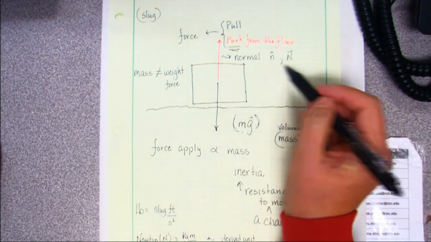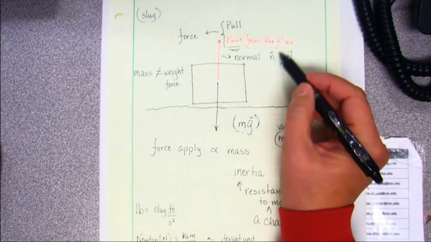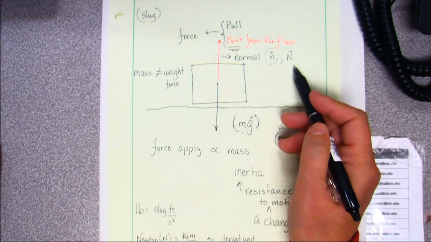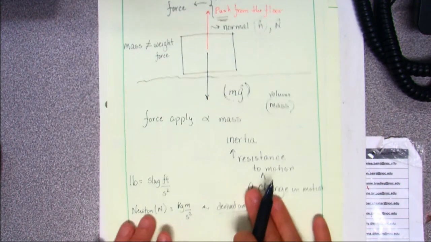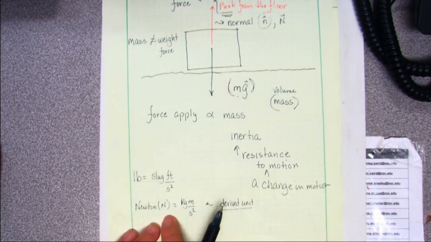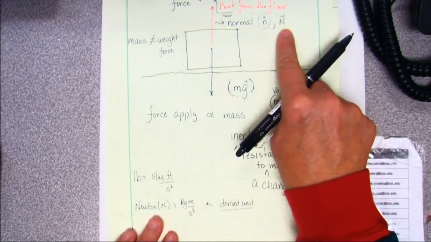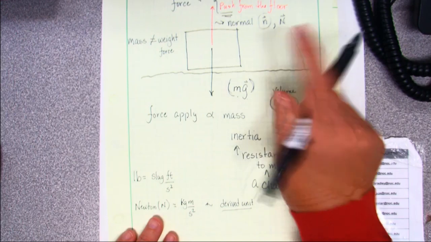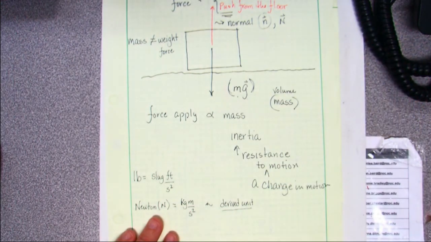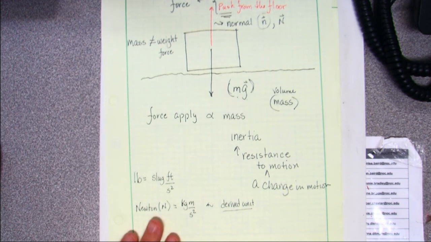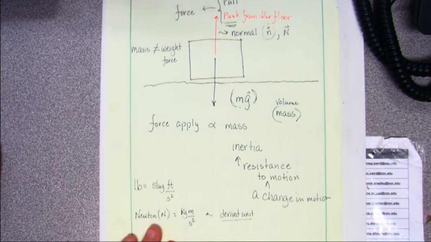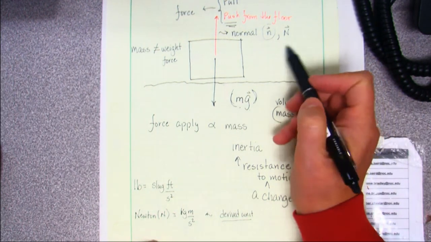And we're going to talk about this normal force, which is a lot of times why we use the small n. But we also use a big N, which gets a little confusing when we're using N for newtons. Typically we use the big N only when we're doing force due to friction, which we'll show you in a little bit.